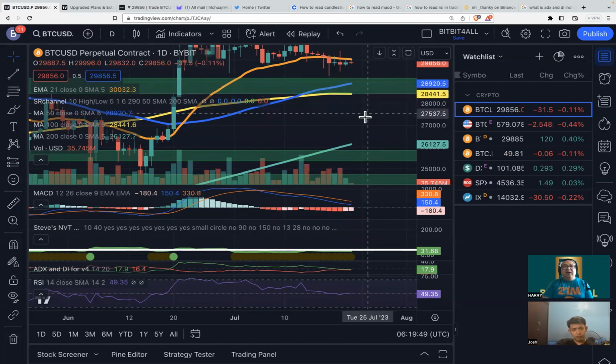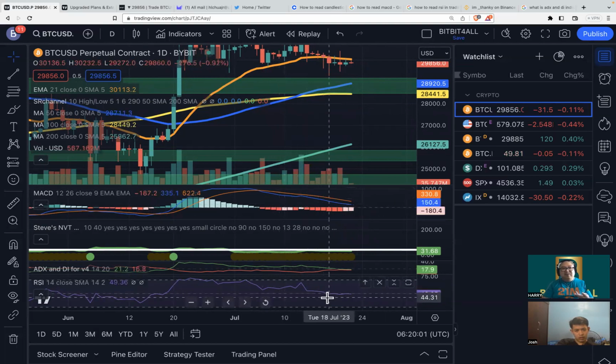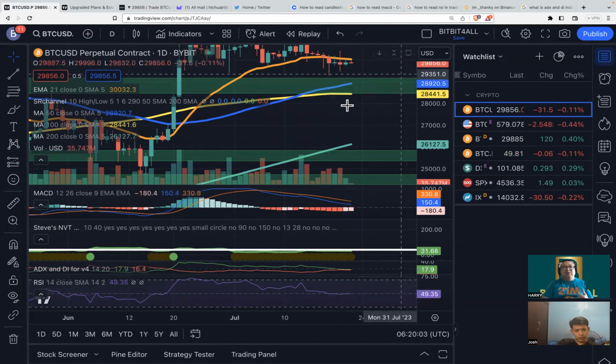Okay? And then maybe the 200 week moving average. And then MACD. So, how many is that? And then RSI. RSI is the most important. And then maybe you can do the EMA, the 21 week EMA. That's the fifth. Okay?